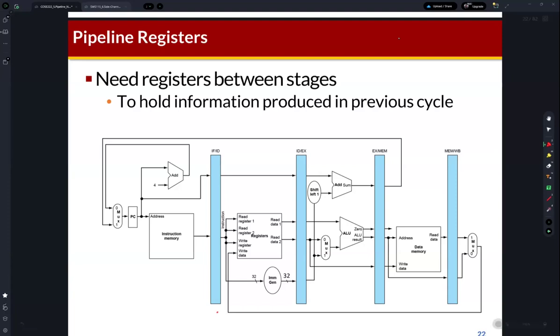So you can find these D flip-flops here, and these D flip-flops are called the pipeline register. So this register is different from the register in instructions, right? The register in instructions is just the small memory for the instruction operands, right? But when we mention the pipeline register, this register represents the group of D flip-flops, okay?